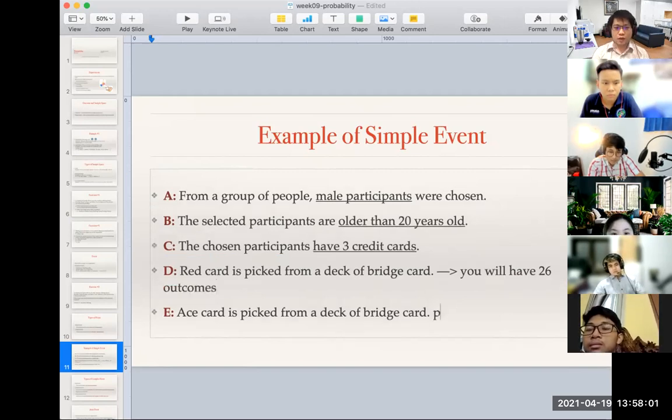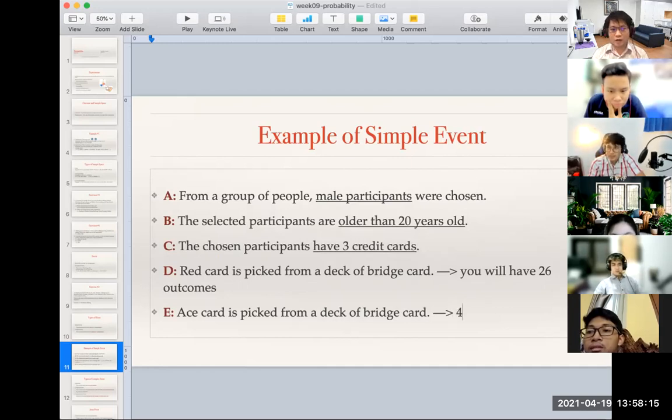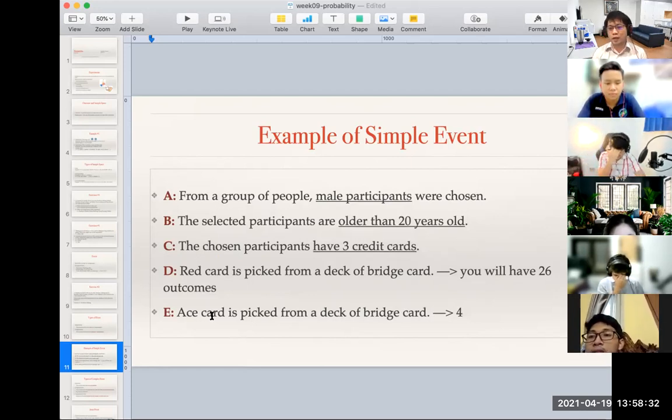And then for this one, ace card is picked from a deck of bridge cards. 13? No, ace. Ace card. It's not a spade, not a club or clover. So ace card, we only have 4. Ace of spade, ace of club, ace of heart, and ace of diamonds.